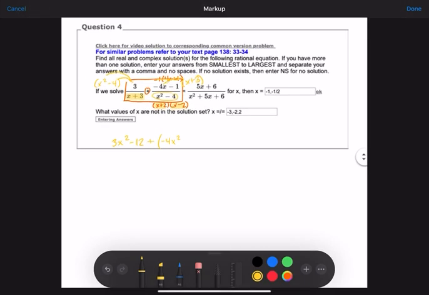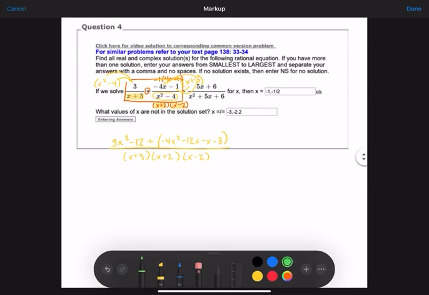Negative 4x times 3 is negative 12x. And then I have negative 1 times x, which is negative x. And negative 1 times 3 is minus 3. And that is all over the common denominator that I just got, which is x plus 3, x plus 2, x minus 2. So now I can simplify this as much as possible.